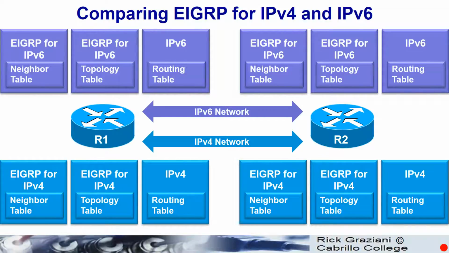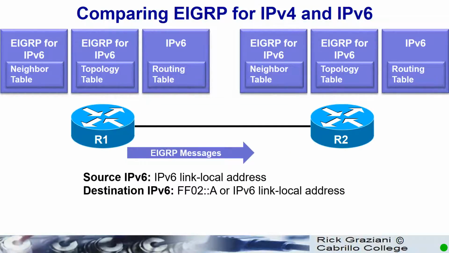Again, it's going to use the source IPv6 address, which should be its link-local address, and then it will use the appropriate multicast address, or if it's only sending to a direct neighbor, it will use the IPv6 link-local address.